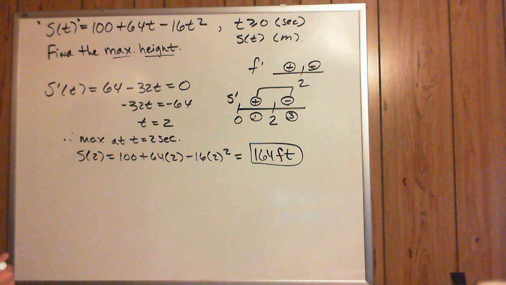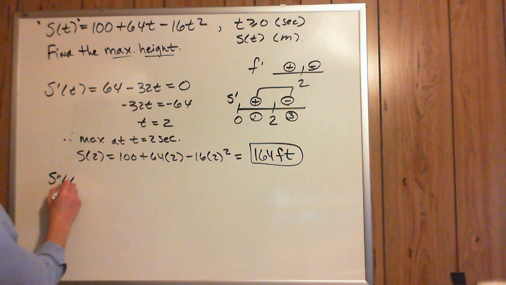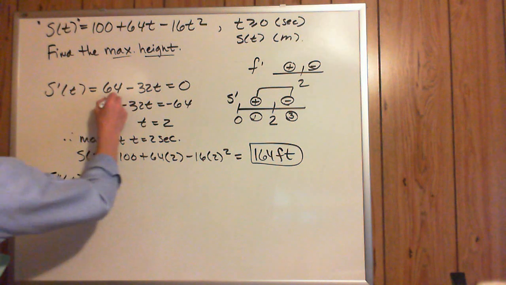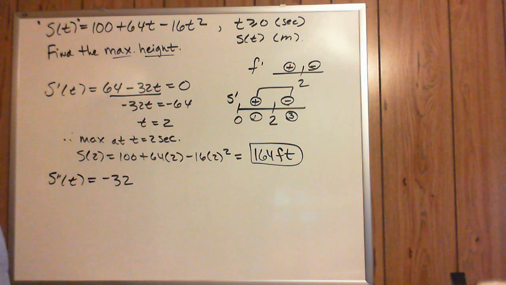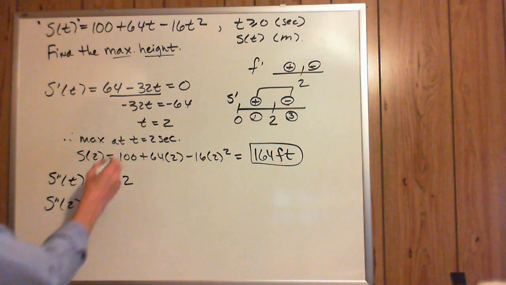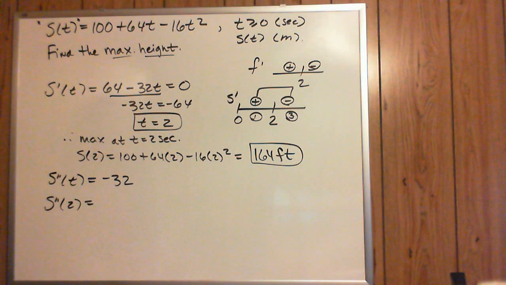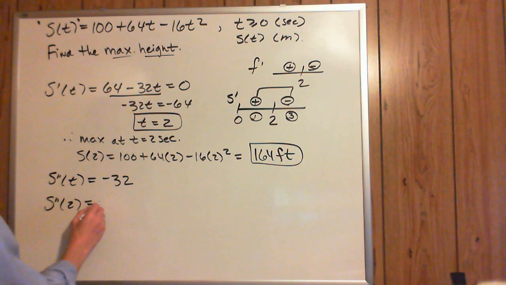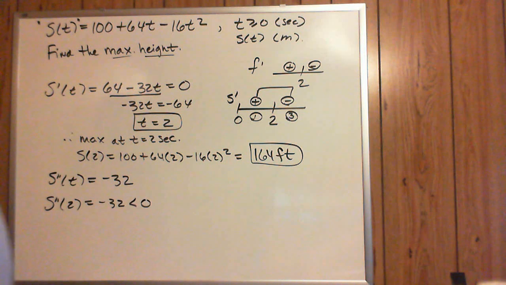However, we could have also used the second derivative test. s double prime of t is negative 32, and s double prime of 2, where we take the critical number from the first derivative and put it into the second derivative, yields negative 32, which is less than 0.